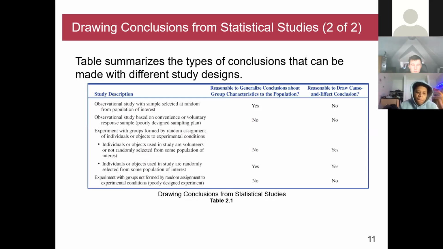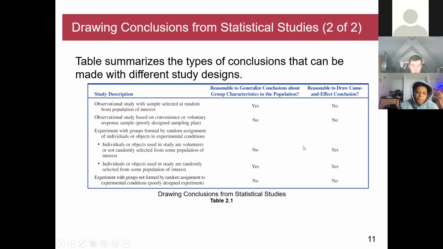And this last slide here is very useful. Again, I would pay attention to this because it gives you an idea of what we just talked about. Along the left column here are different types of descriptions of studies. In the middle column, can we generalize the conclusions from the sample to the population?